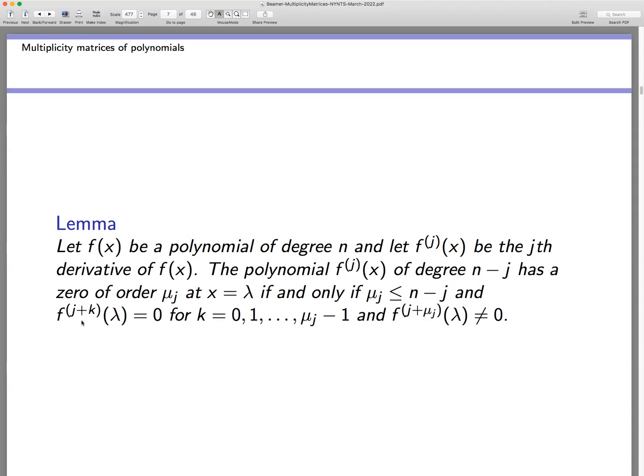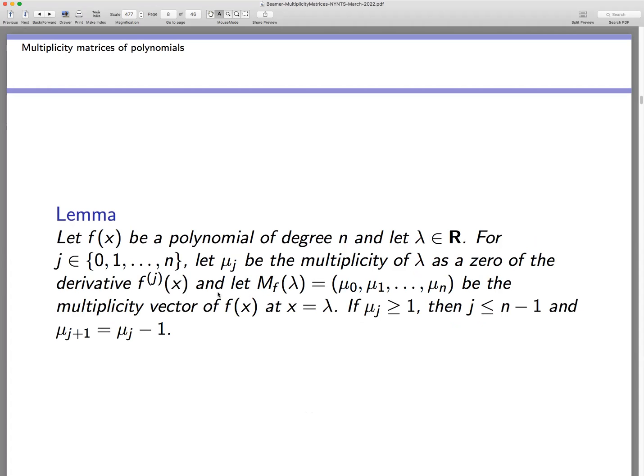And if you look at the next mu_j consecutive derivatives, they're all 0 until you get to the (j plus mu_j)th derivative, which is different from 0. This is just a restatement of the fact that if you have a root of multiplicity mu for a function, it's multiplicity mu minus 1 for the derivative. That's all it is.